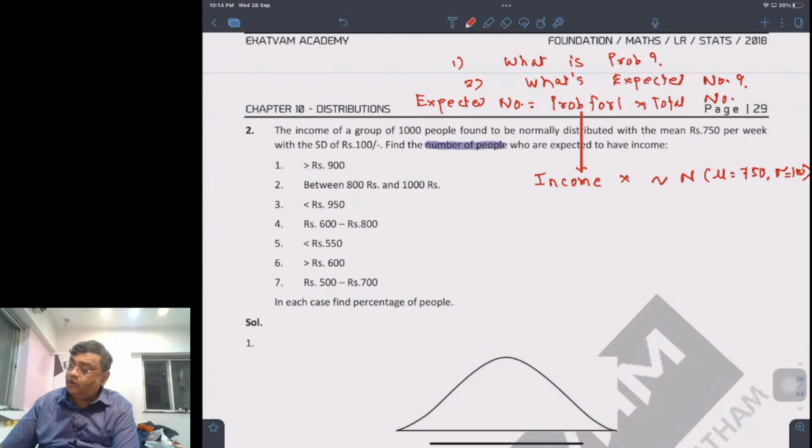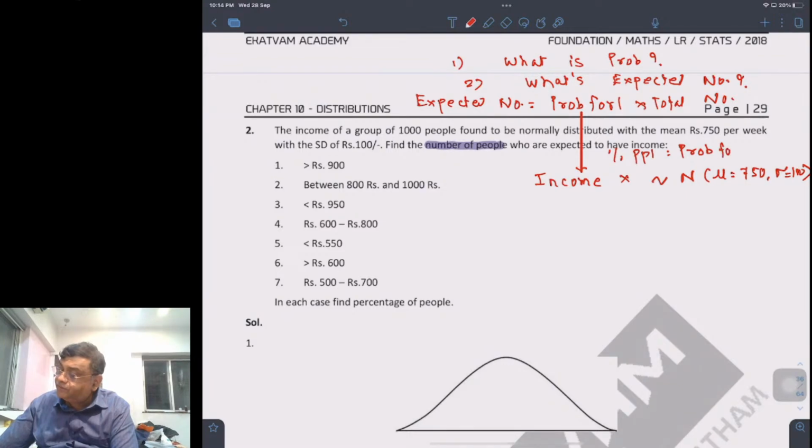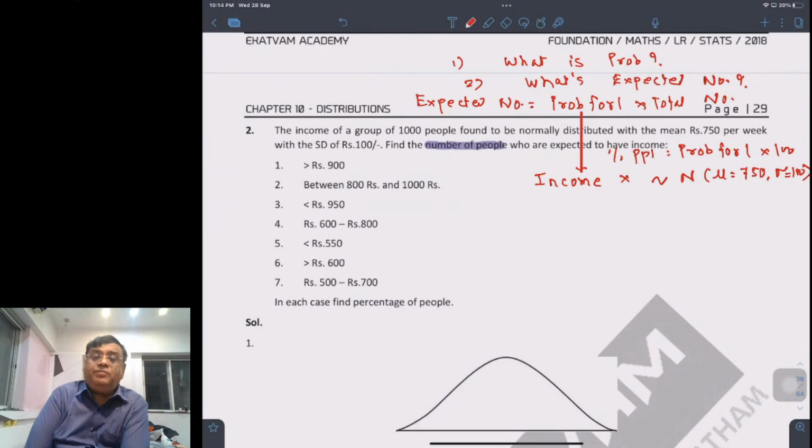समझा? Now by the way tell me, percentage people will be what? Percentage people will be probability for 1 multiplied by 100. माइंड वाइज जब हमें परसेंटेज चाहिए तो हम क्या करते हैं, परसेंटेज मीन्स प्रोबेबिलिटी फॉर 1 मल्टीप्लाइड बाय 100. और टोटल नंबर कितना दिया है, पीपल का, that total number is given to be 1000.